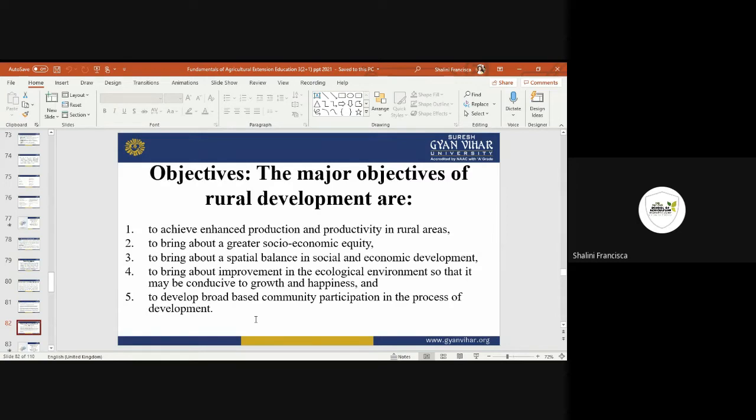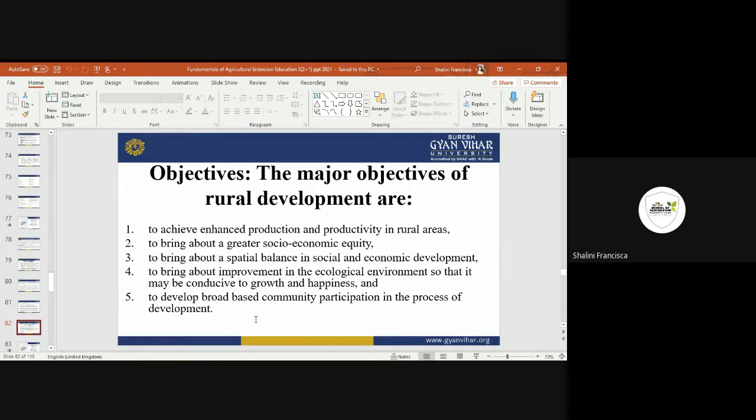Then what are the objectives of rural development? The first is to achieve enhanced production and productivity, not just so that people get benefit out of it. They need to produce so that productivity increases and they get a good amount of money. Then to bring about greater socio-economic equity.